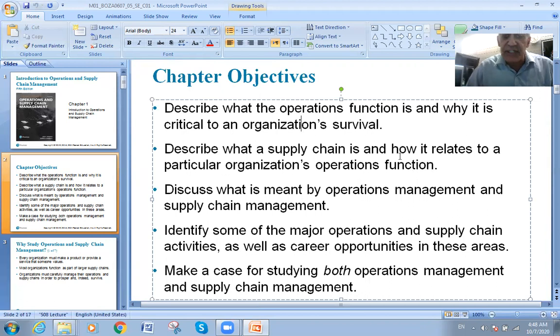Describe what a supply chain is and how it relates to an organization's operations functions. Is it related to the other functions of management? Yes, to other branches like the production department. Is it related to the marketing department? Yes. It is even related to the human resource management department. It's related to all the systems working in any organization.